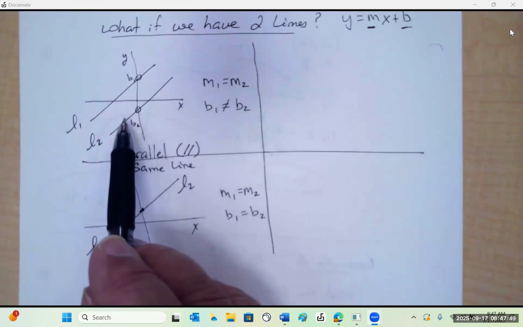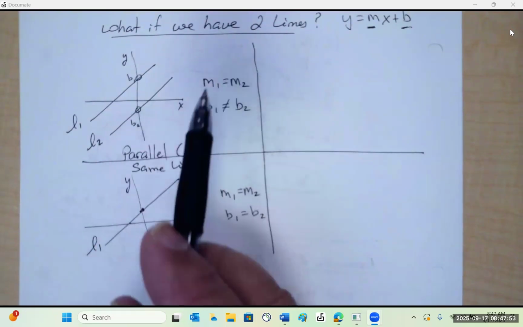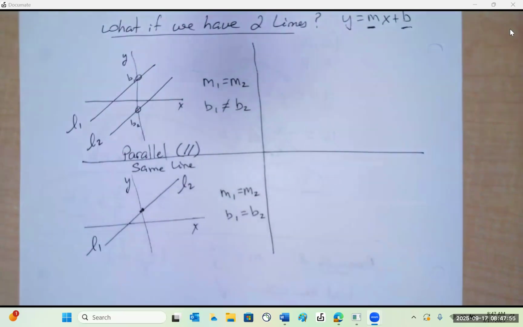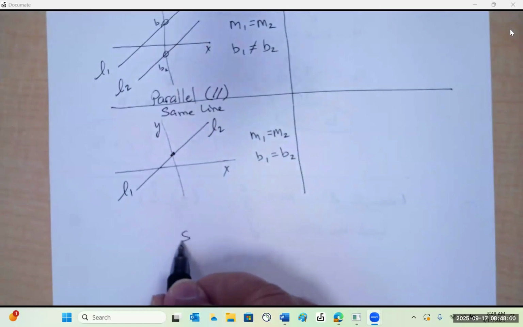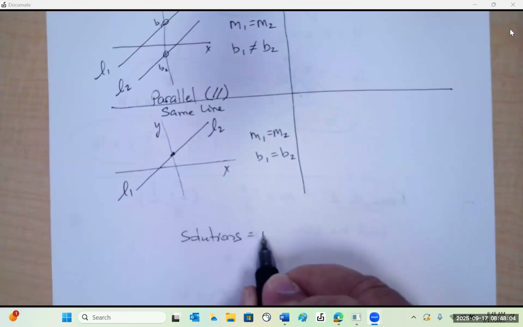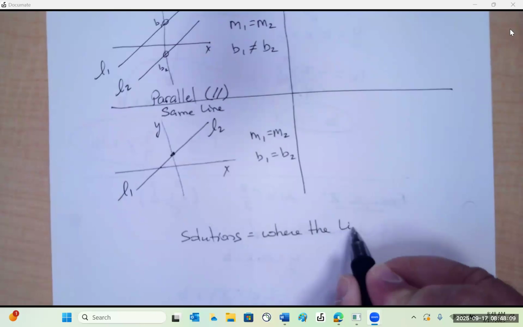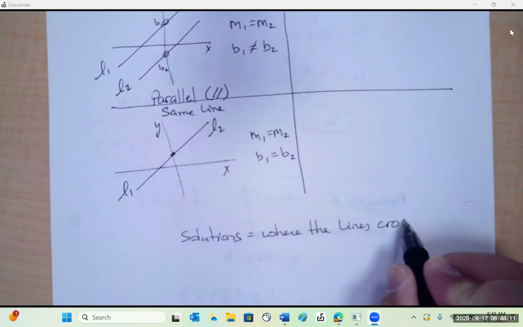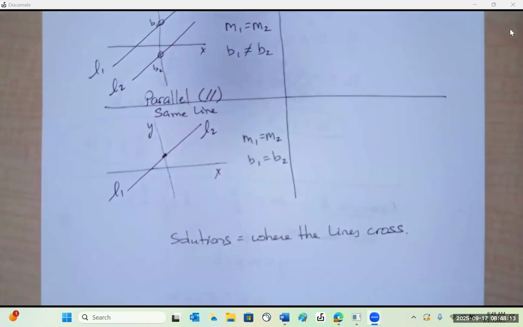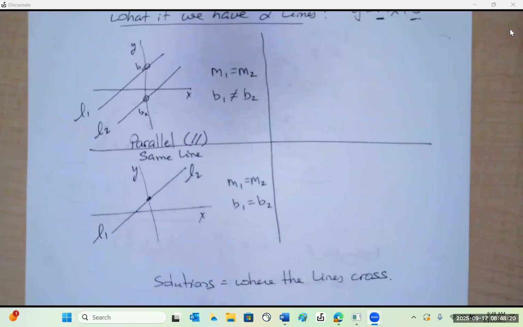So how many solutions will parallel lines have? When we talk about two lines, solutions are where they cross. Solutions are where the lines cross. So how many solutions in parallel lines?